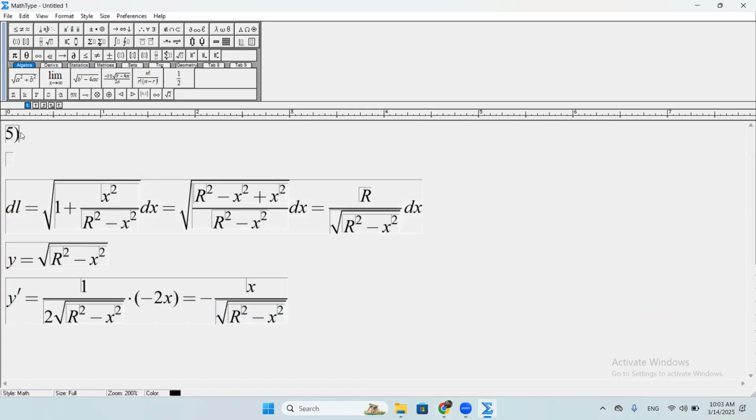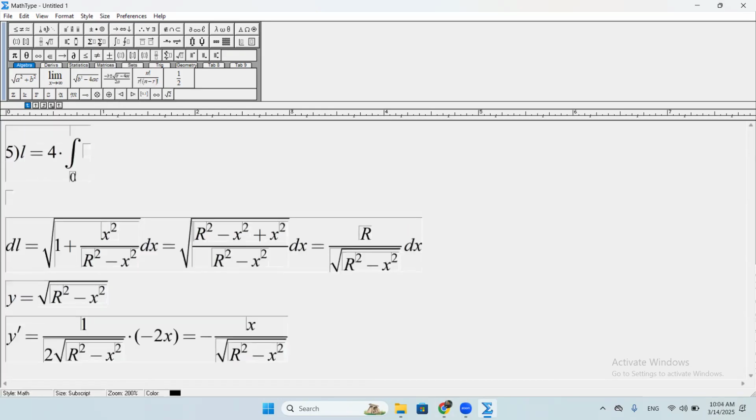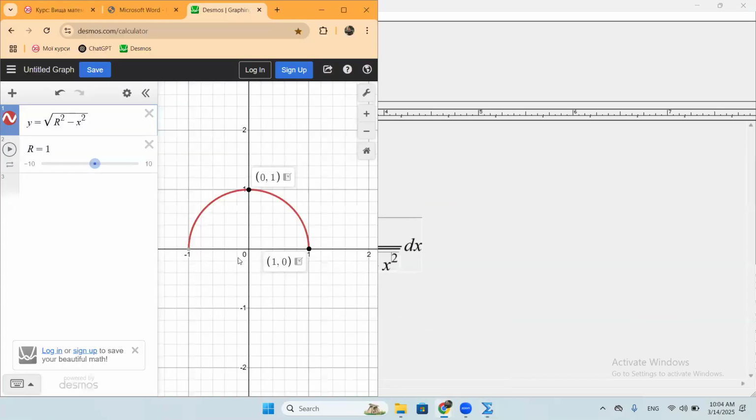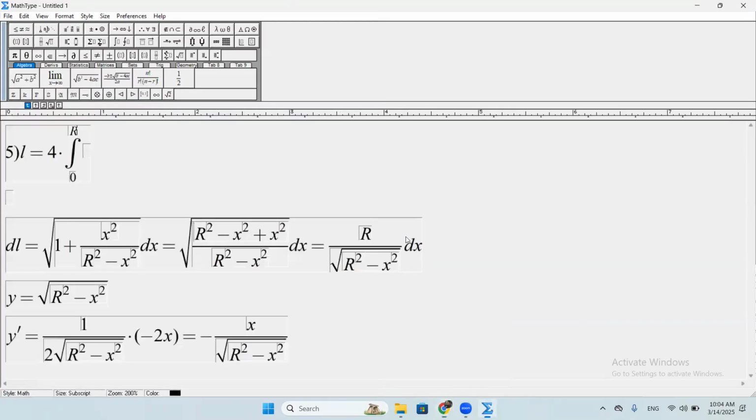That's the expression that we will have to integrate, calculating the following integral with values from 0 to r. Because we calculate from the center, from the beginning of coordinates, to the radius, and the radius can be any number. And then integrating this expression.